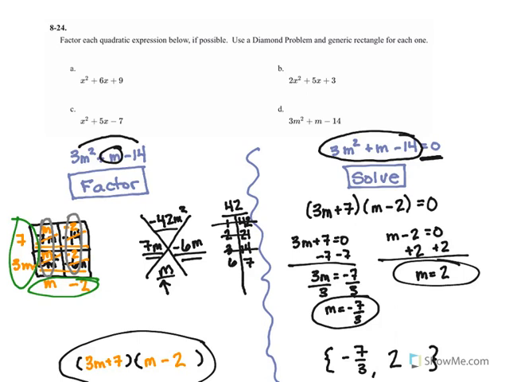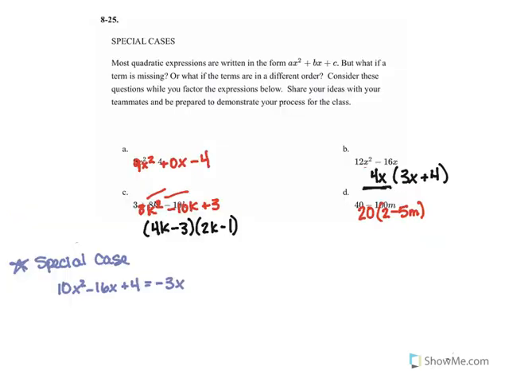If I go back here and look at this problem, you're going to see that it was equal to 0, right? Every single time we did these, they were equal to 0. On this problem, it is not equal to 0. So we need to make it equal to 0 first. So that is the key.